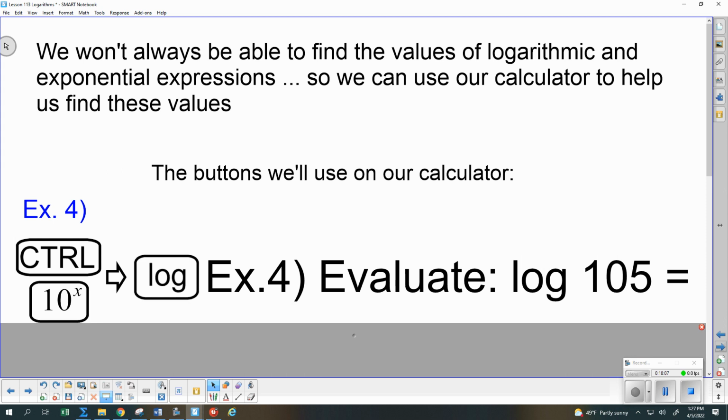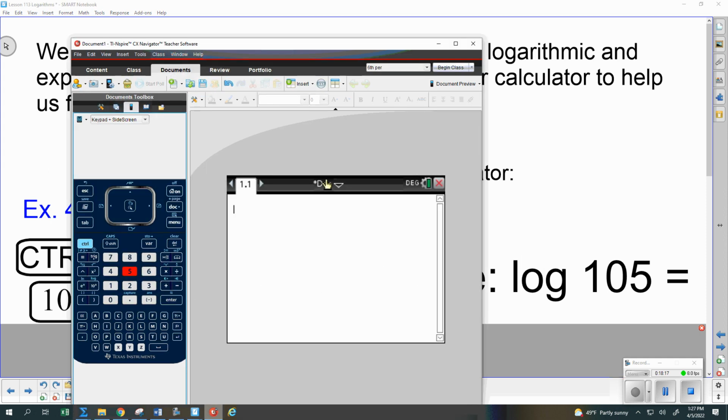So if I want log base 10 of 105, I need to do my control 10 to the x button so that my calculator will say log. So what I am going to do there is my control button over here, and then my 10 to the x button so that I get what's written above it, log.